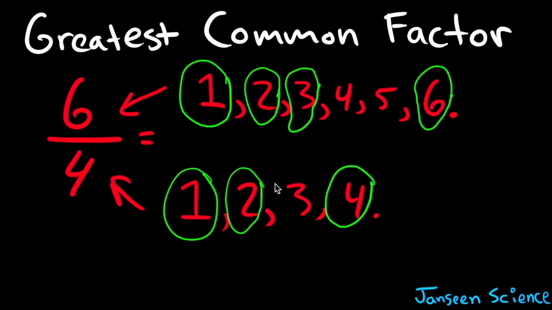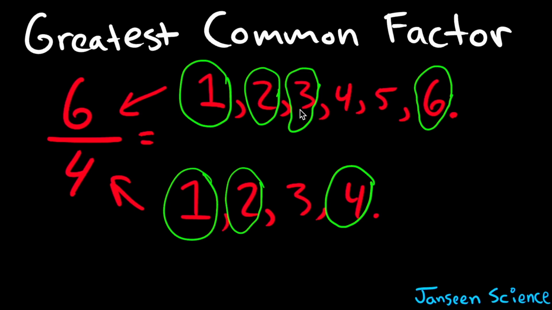Now, let's look at these numbers, and we are looking at 2 different lists. There are 2 lists that are different, but they have common numbers. So 1 and 1 are common factors. 2 and 2 are common factors. They share the same number.